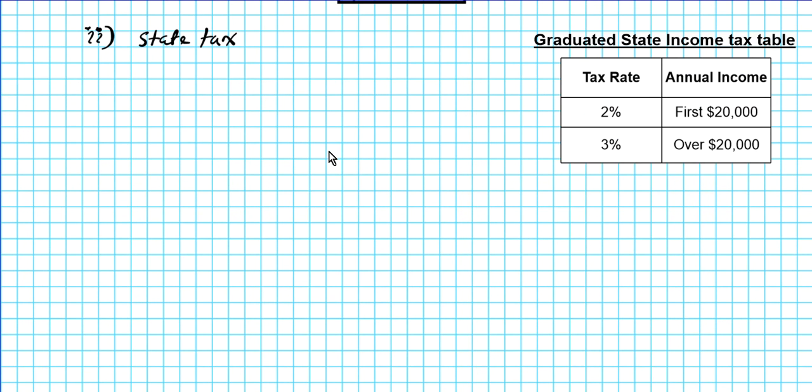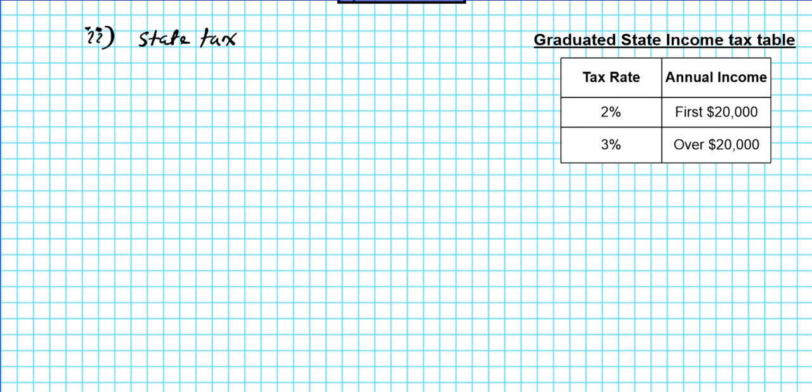We are going to calculate her graduated state tax by making use of this graduated state income table provided for us in the problem. As you can see, there are going to be two bases for the taxation, 2% for the first 20,000 and then 3% for any dollar figure over 20,000.